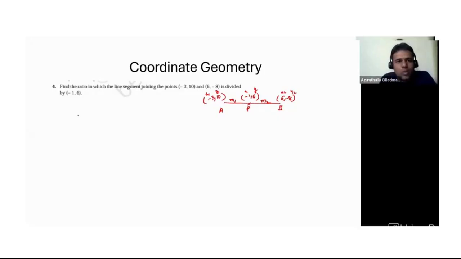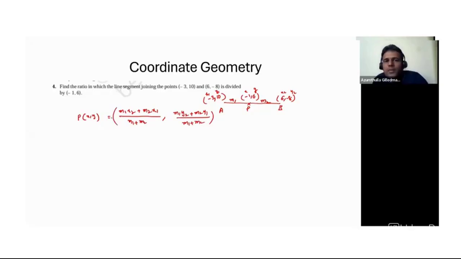So generally, what is P of x comma y using the section formula? (m1 x2 + m2 x1)/(m1 + m2), comma (m1 y2 + m2 y1)/(m1 + m2). This is the section formula.